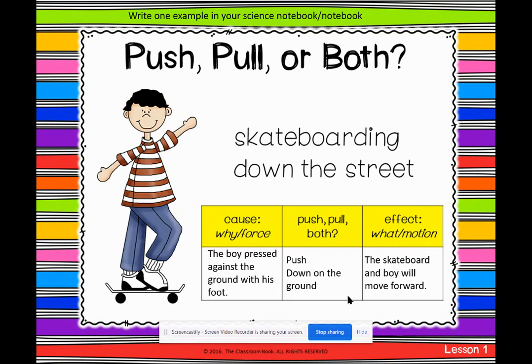And what is the effect from the force or the motion that happens? Okay, so let's go ahead and move on to the next slide. Remember, one of these three examples you're going to need to put into your notebook, including the picture. So here we go. Let's move on.